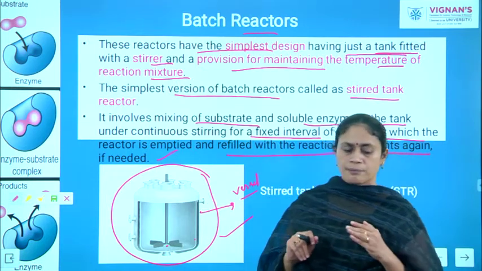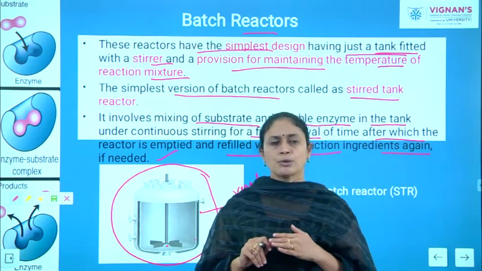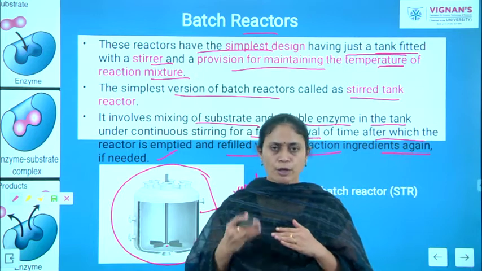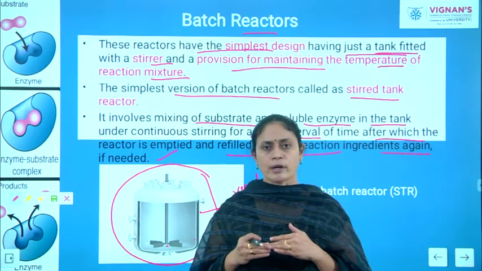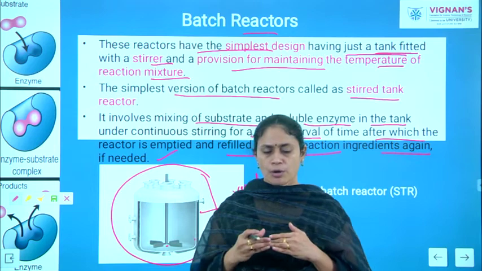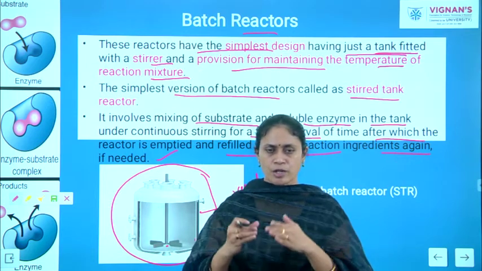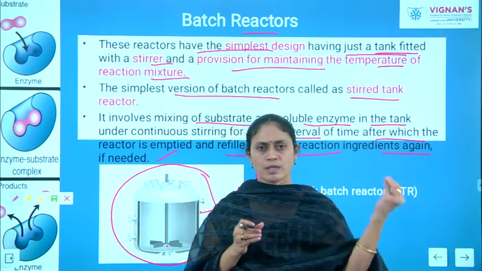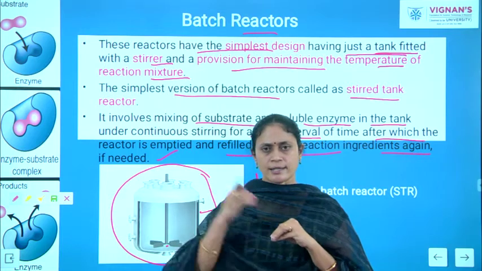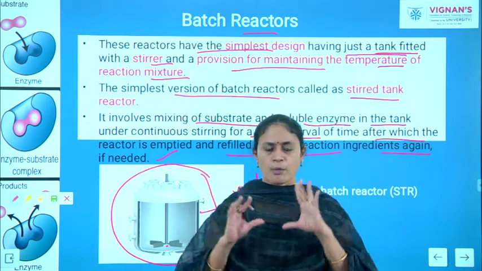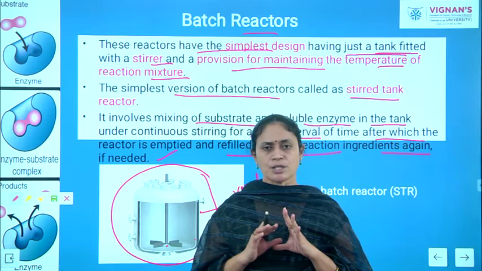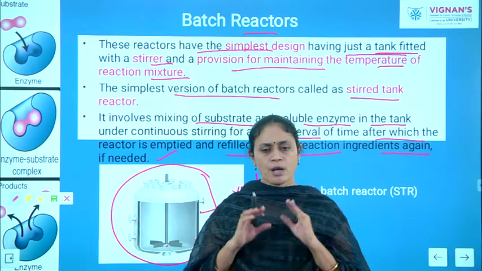As I've told you, the name indicates that you are going to produce your required products in a batch mode. So, you are taking a batch, you are using the suitable substrate and enzyme, you are providing proper environmental conditions so that the product can be produced.